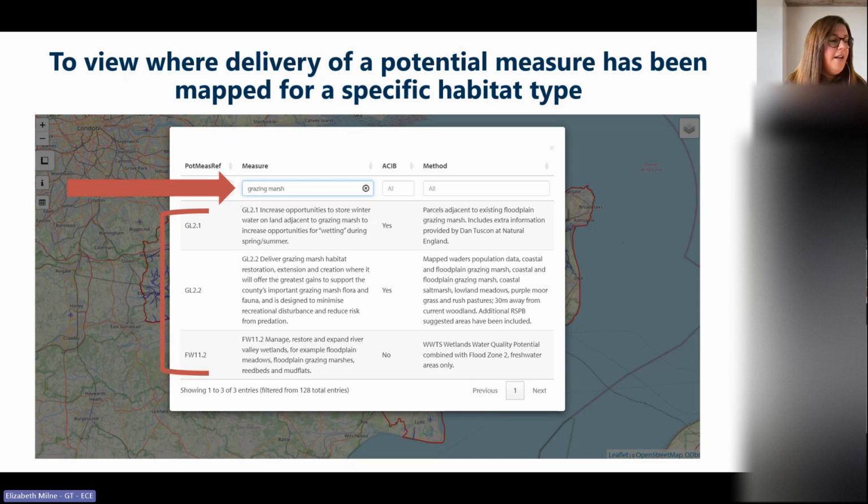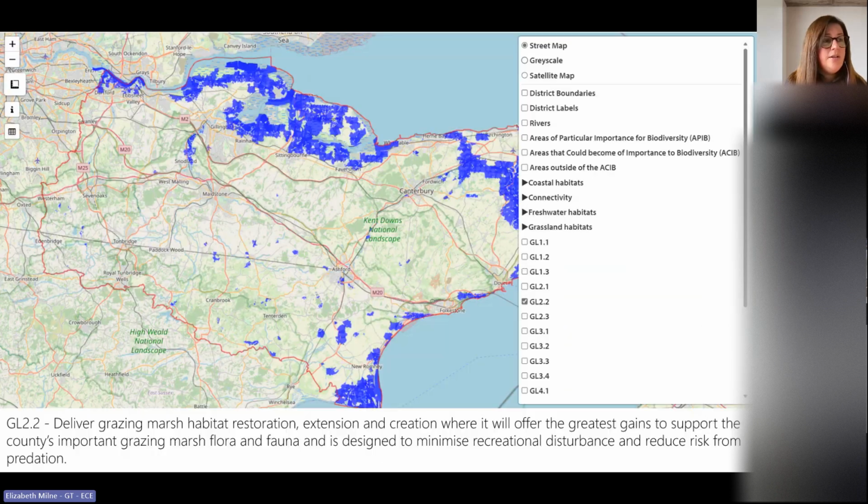So you can see here that of the 128 maps that exist, 3 of them relate to potential measures on grazing marsh. So then what you would do is you would either note down all of those, or just the particular one that you're interested in, the potential measure reference, and then you would close the box, go to the mapping tool and select, in this case I've chosen 2.2, the potential measure that's of particular interest to you.